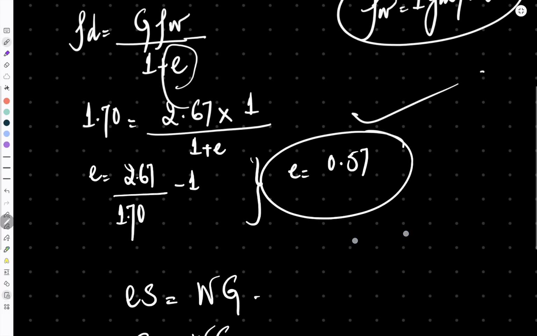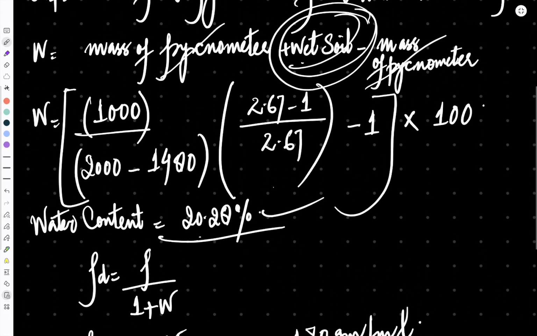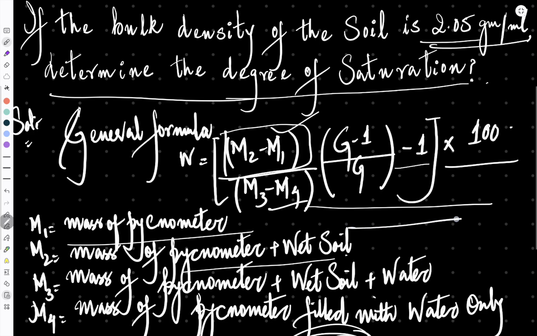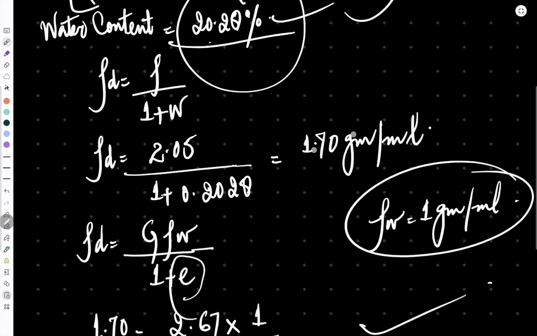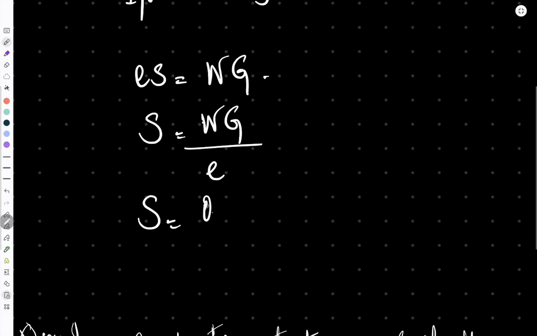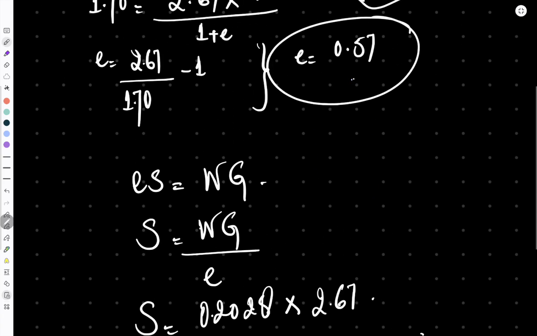w is water content. We actually had all the data from the pycnometer method for the determination of water content of a given soil sample, and we found the water content by using the general formula, and it was equal to how much? 20.28%. So let me substitute the value over here, 20.28%. Specific gravity was very well given in the question itself. 2.67 is the specific gravity of the soil solid particles, and the void ratio, I did find it out as well.